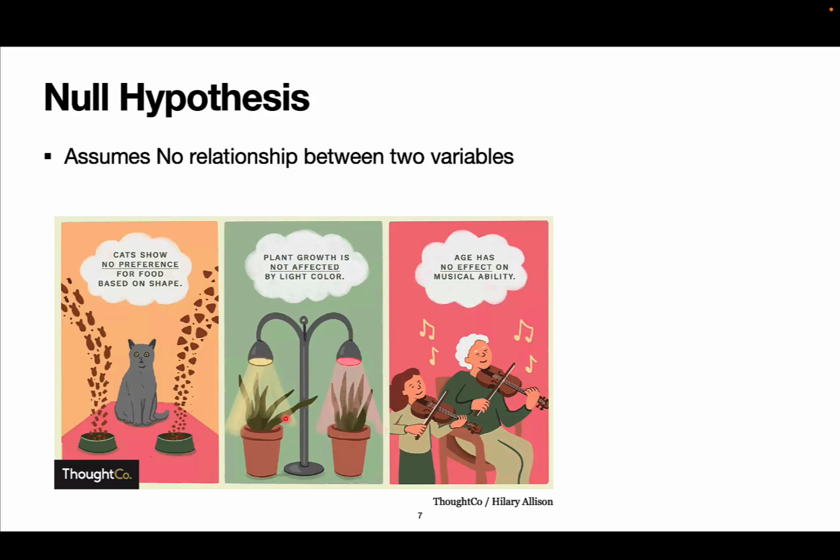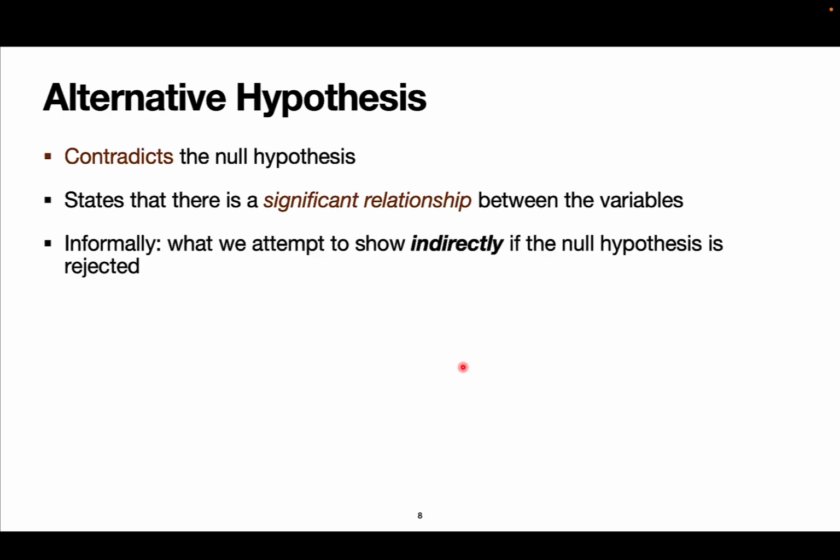The null hypothesis assumes that there is no relationship between two variables. For example, age has no effect on music ability. So what we're saying here is age and music ability are not correlated. On the other hand, the alternative hypothesis contradicts the null hypothesis and states that there is a significant relationship between the two variables.